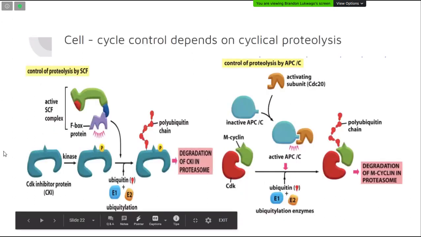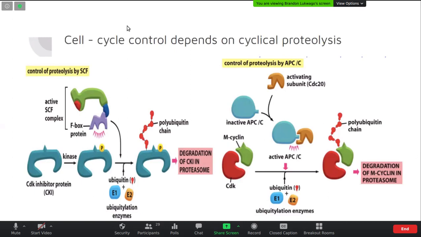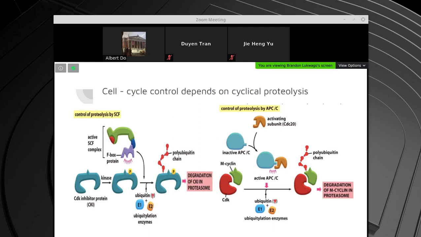Those are the two types of ubiquitin complexes that ubiquitin targets. We have control of proteolysis by SCF and control of proteolysis by APC. The first one, on the right, the APC, is activated in mitosis by associating with the activating subunit, CDC20.